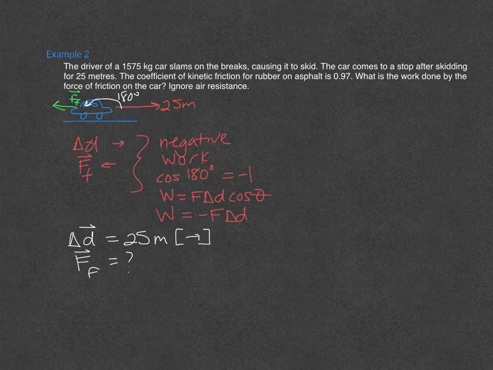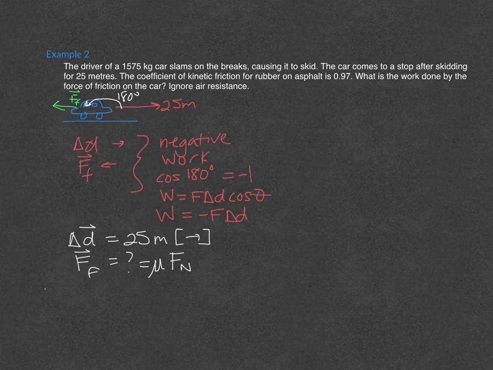So what we're going to have to do is use our formula for friction. And that's the coefficient of friction times the normal force. So we have the coefficient of friction up here. We don't know the normal force. But we're going to use the same trick we looked at in the last question, and we'll use the force of gravity to give us our normal force, because the car is being pulled down by gravity but held up by the normal force.